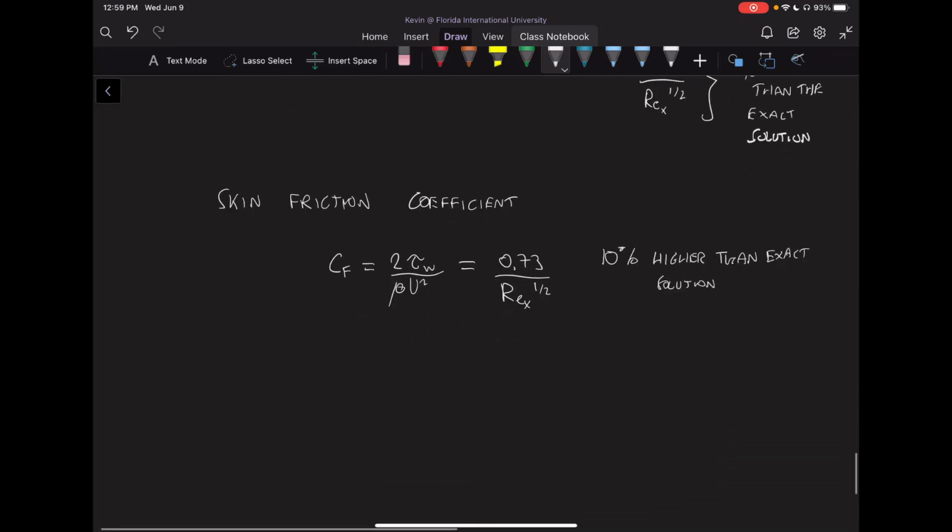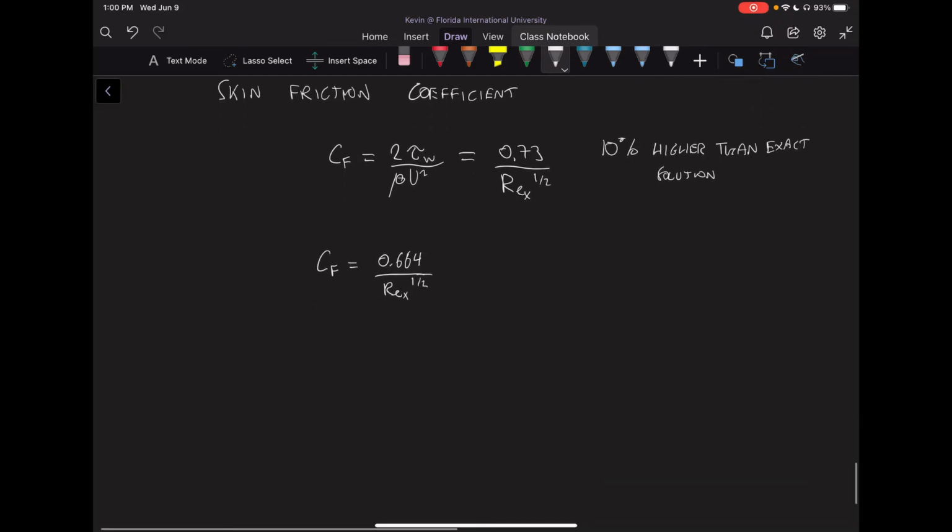And the exact solution for skin friction coefficient found from experimental data is 0.664 over Reynolds x to the 1/2.